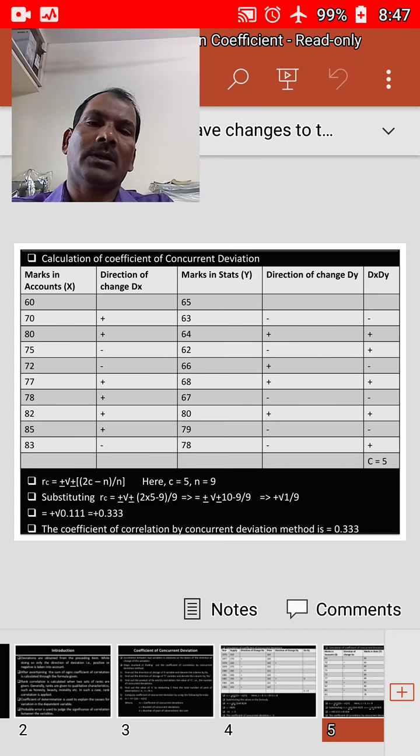Then marks in stats, dy. We need to calculate the direction of change for y.